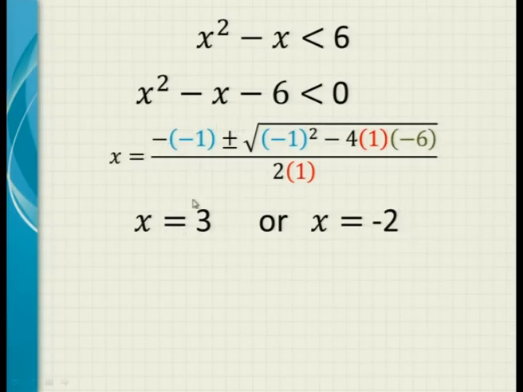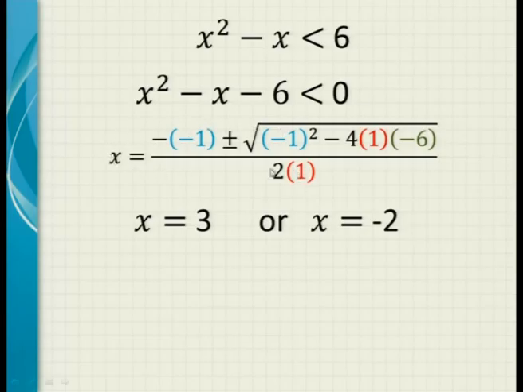But what does this x equals 3 or x equals minus 2 tell you? This tells you for which values of x this equation will be 0, not inequality. The inequality says what values of x will make this thing less than 0.